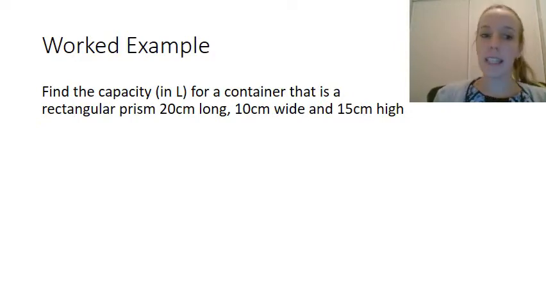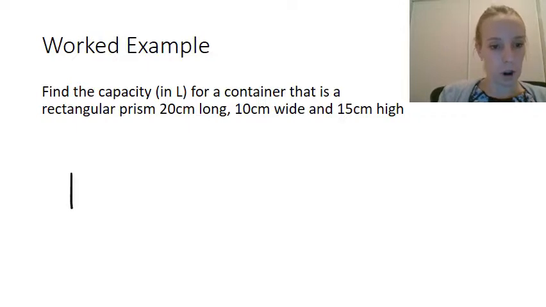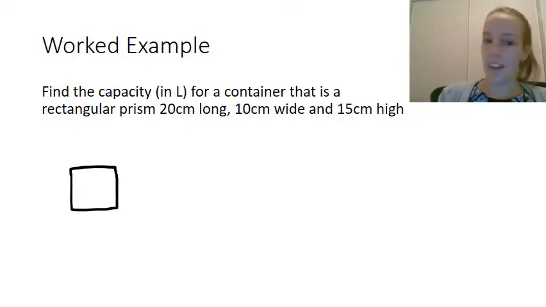Our next worked example: find the capacity in litres for a container that is a rectangular prism 20 centimetres long, 10 centimetres wide and 15 centimetres high. When you get a worded question like this, I would make sure you draw it. So let's draw a rectangular prism.